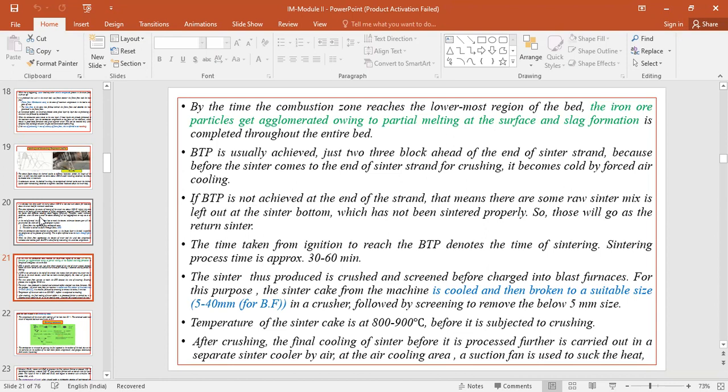So we do the cooling by top suction, and the heat that we recover while cooling the sinter is used in the handling hood, which is arranged in front of the ignition hood.